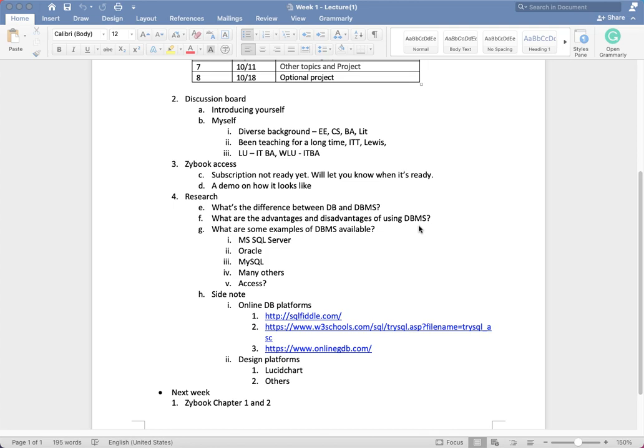There's some cost that you want to look into, and there are a whole bunch of database management systems out there. It doesn't really matter which one you use. Whatever works for the company is fine, as long as they meet your business requirements, which is what's important.